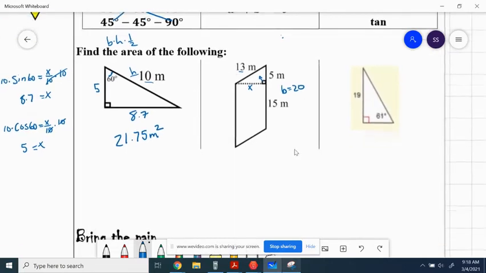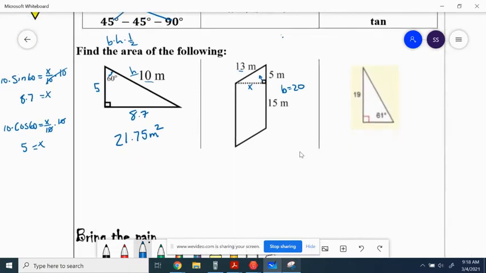So scooch this down so I have some room to write. We're going to be left with C squared, 13 squared, is equal to x squared plus 5 squared. All right, so now we square them out. 13 times 13 is 169. 5 times 5 is 25. All right, so now I want to isolate the x squared, so I need to get rid of this 25. We do so by subtracting on both sides.